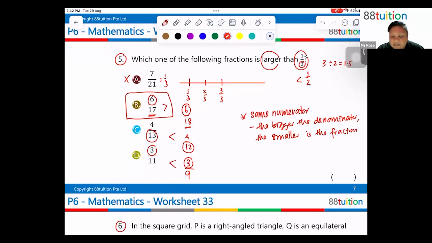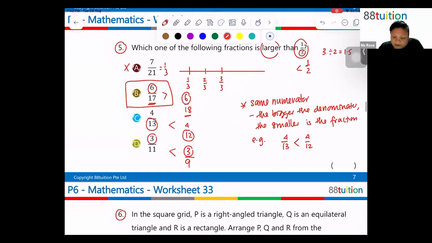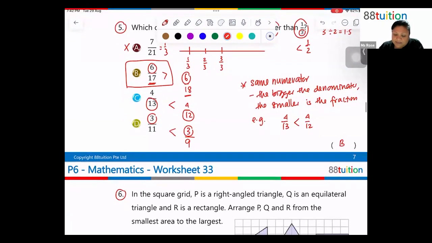Just like if I were to compare, for example, 4/13 and 4/12, the bigger the denominator, the smaller is the fraction. So 4/12 is greater than 4/13. Okay. All right. Now, the answer to this one is B.